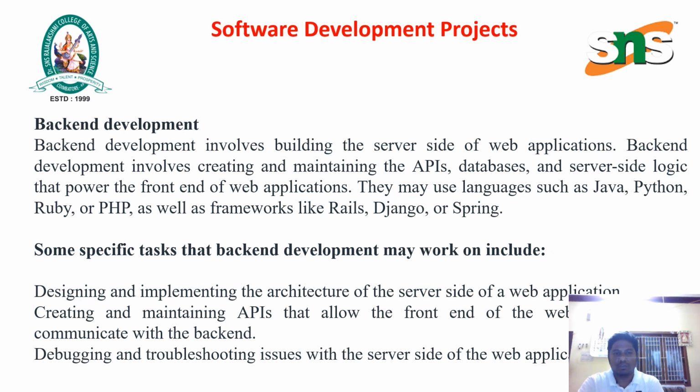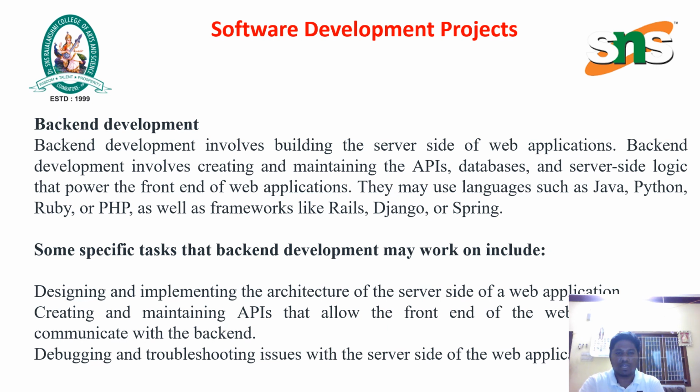So backend development. Backend development involves building the server side of web applications. It involves creating and maintaining the APIs, databases, and server-side logic that power the front end of the web applications. They make use of languages such as Java, Python, Ruby, or PHP, as well as frameworks like Rails and Django or Spring.